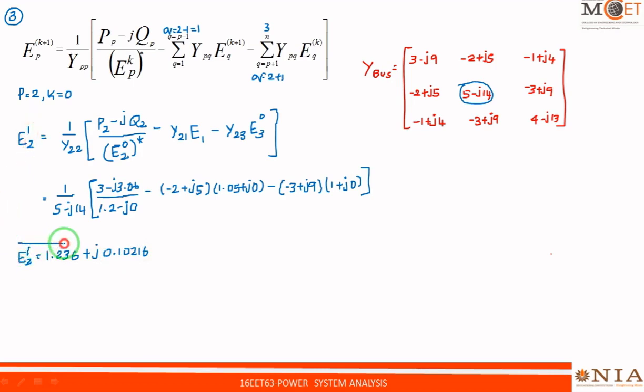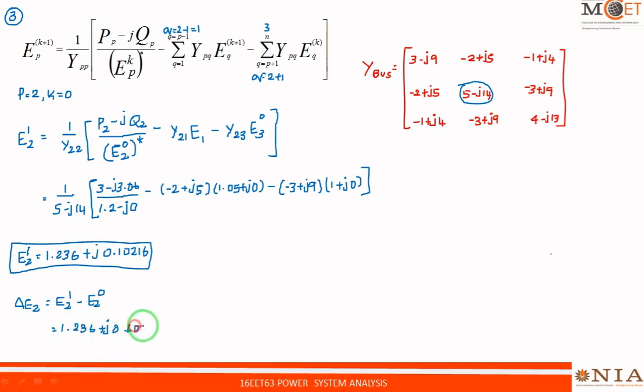Now I want to find the change in E2, that is delta E2, which can be written as E2 of 1 minus E2 of 0. E2 of 1 is this value, 1.236 plus J0.010216, minus E2 of 0.